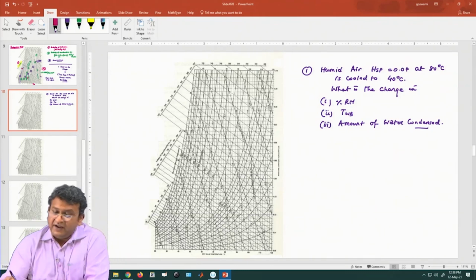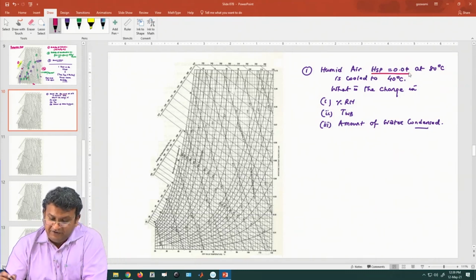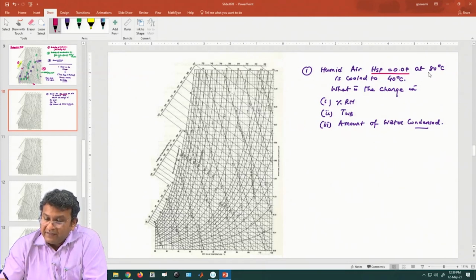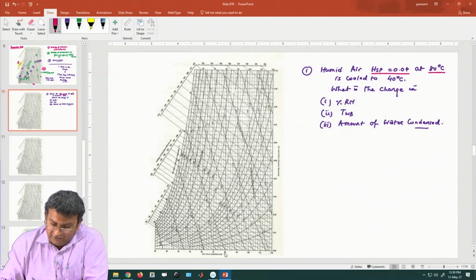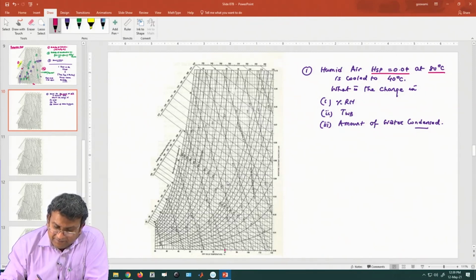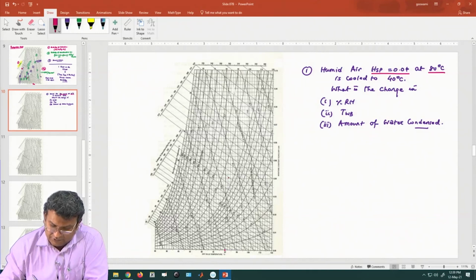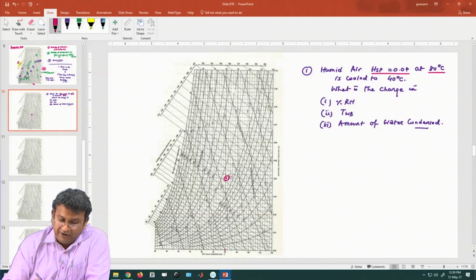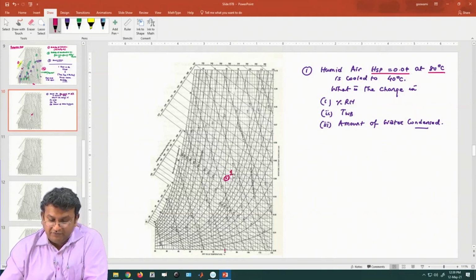So, what is specified is that the specific humidity is 0.04 and the dry bulb temperature is 80 degree centigrade. So, here is 80 degree centigrade and this is 0.04. So, you go like this. So, I guess this is the point, right. So, this is the initial point, point 1 let us say we mark.